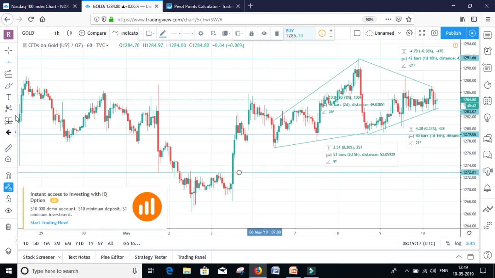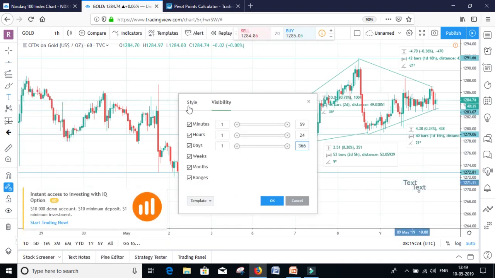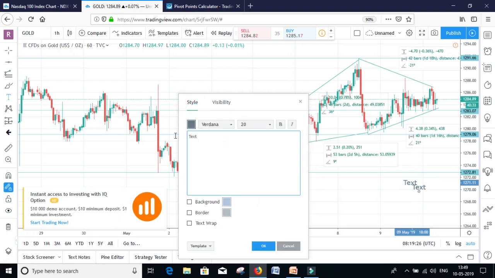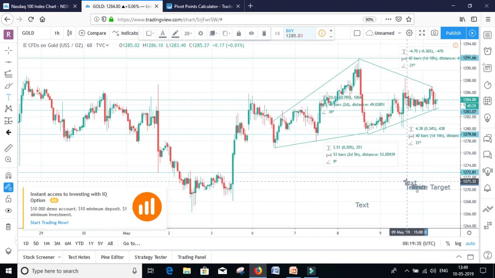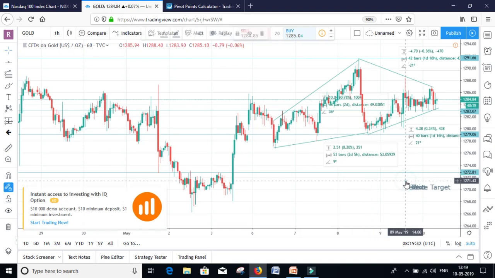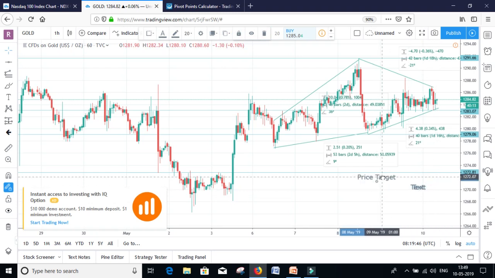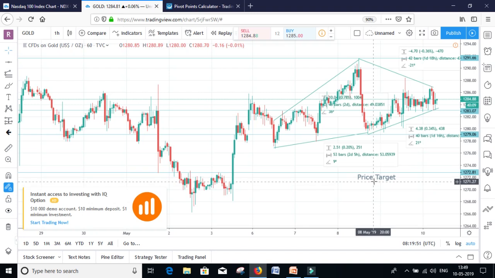We can just mention over here your possible price target.